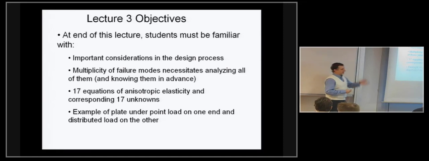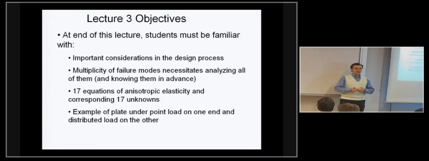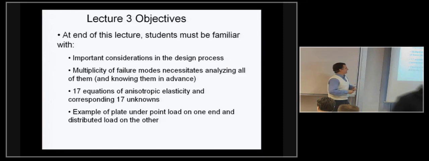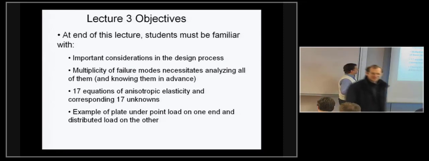In composites, it gets much worse. There are many more, and you can anticipate that by thinking about the fact that you have fibers and matrix, and either of them can fail, or the interface between them can fail, and then in sequence can trigger different types of failure modes, and that as a result makes it more complicated, more challenging, and more interesting.